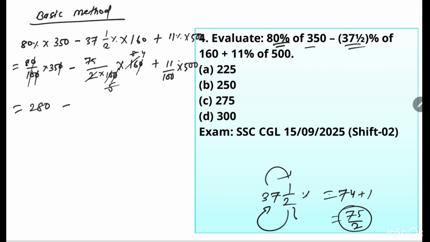If we cancel this 5 with this 75, this will give 15. If we multiply this 15 and 4, this will become 60. And then we add this that will become 55. We will add these two numbers, and then we will subtract this 60 from here.